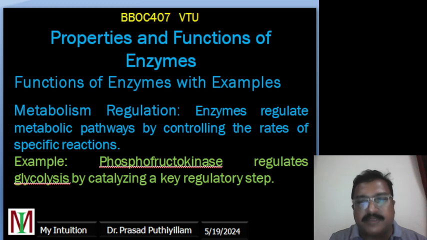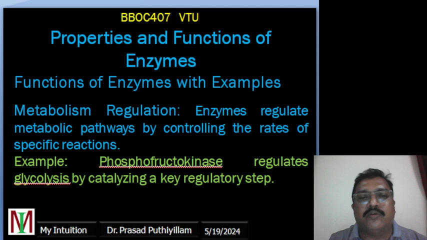One example given here is phosphofructokinase. It acts like a traffic light in glycolysis. Glycolysis is the process of breaking down sugar for energy. Breaking down glucose is called glycolysis. By controlling the activity of glycolysis, phosphofructokinase ensures that the right amount of energy is produced at the right time.